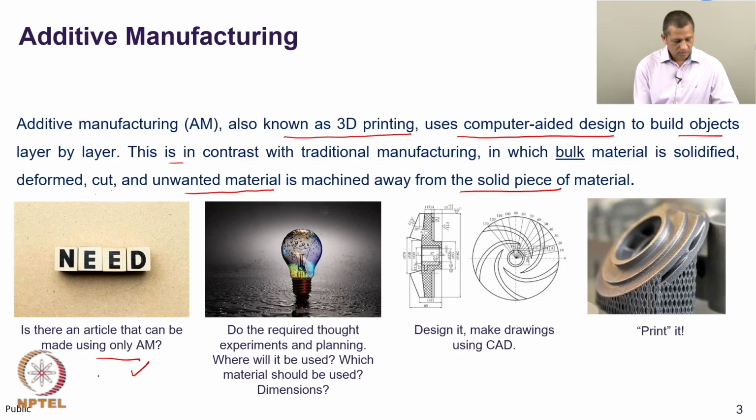If so, then additive manufacturing is a good method using which it can be approached. We need to plan and think further. What is the final application? What material will be used to make it? And what are the dimensions? Once we know all this, we can design it. We can make a CAD file and print it.